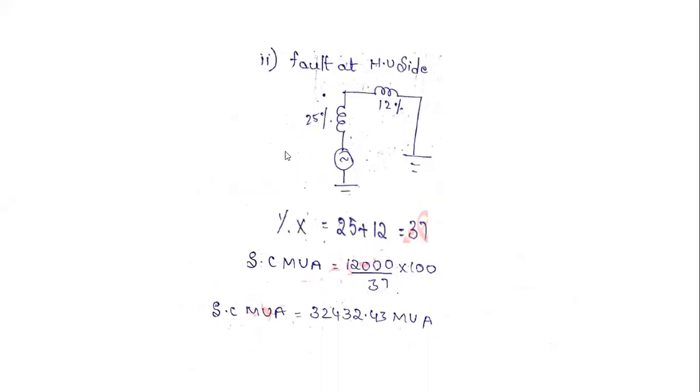For the fault at HV side, we consider only the transformer and the generator, then we calculate the percentage X. That is 25 plus 12, that is 37. Therefore, short circuit MVA is equal to base MVA 12,000 by percentage X 37 into 100. Therefore, the short circuit MVA is 32,432.43 MVA.